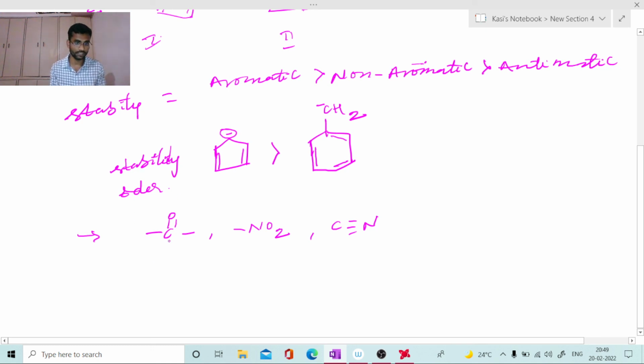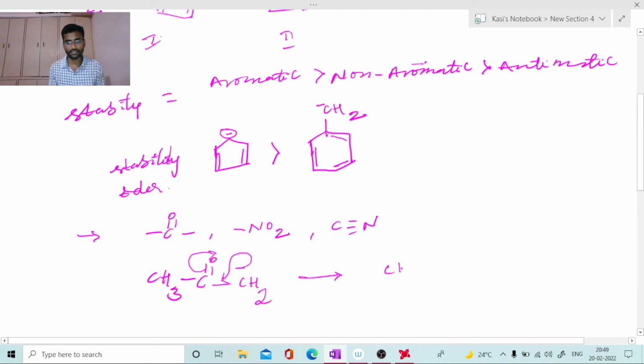Suppose I take the example CH3 C double bond O CH3. I write a minus charge here, then the bond formation can happen and this negative charge can be formed on the oxygen.